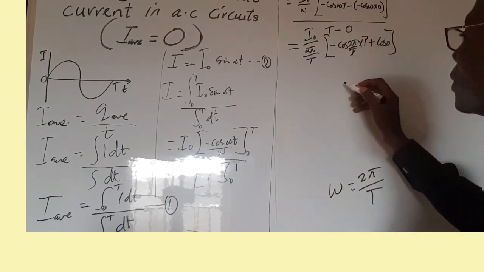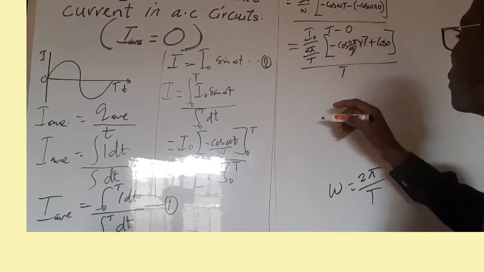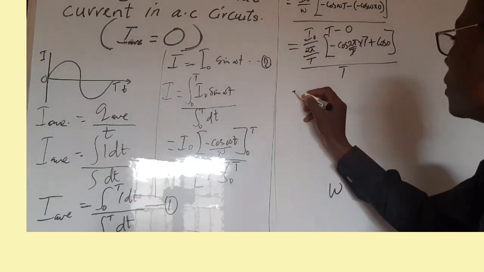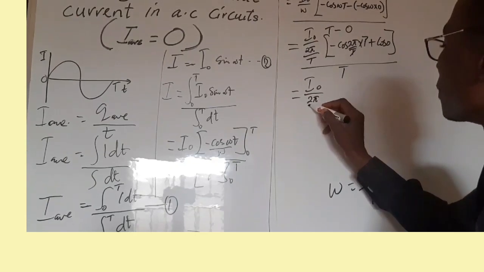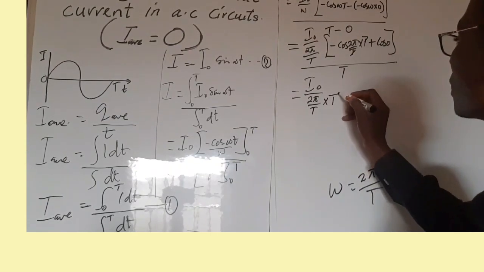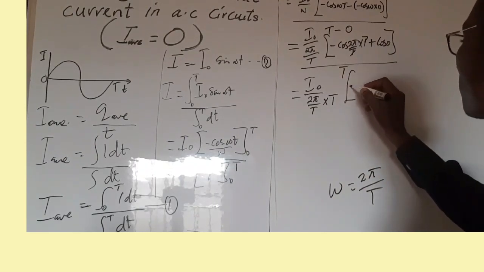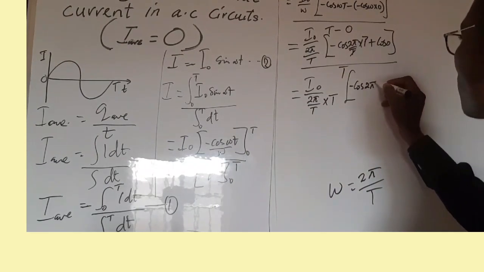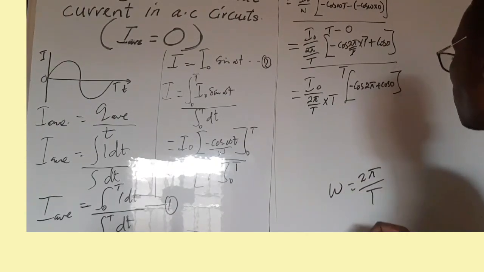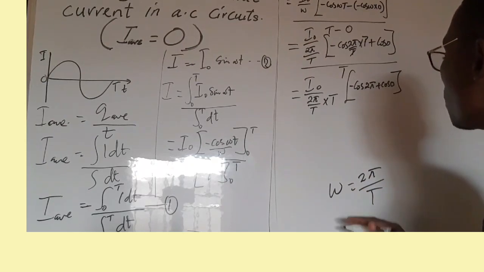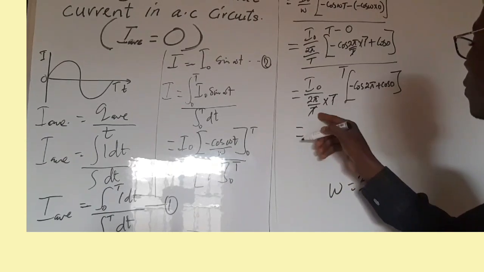Then T minus 0 is T. Then from there, this is equal to I naught over 2 pi over T times T. The T goes up, then bracket open, we have minus cos 2 pi plus cos 0, close the bracket. So from there, T will cancel T.